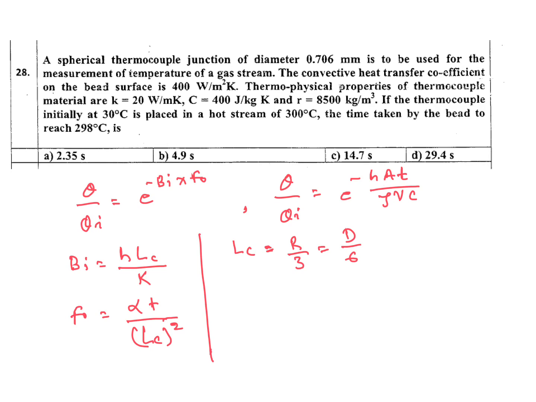That is V by A, volume by surface area. Volume is 4 by 3 pi r cube divided by 4 pi r square, so it will come R by 3. If you take in D terms, it's D by 6.